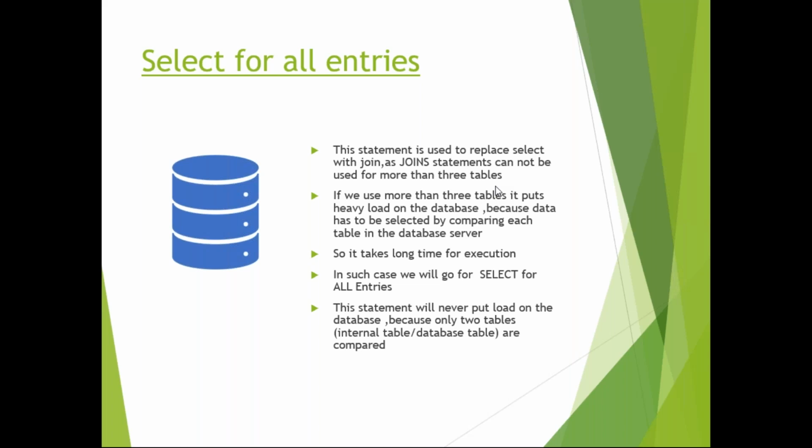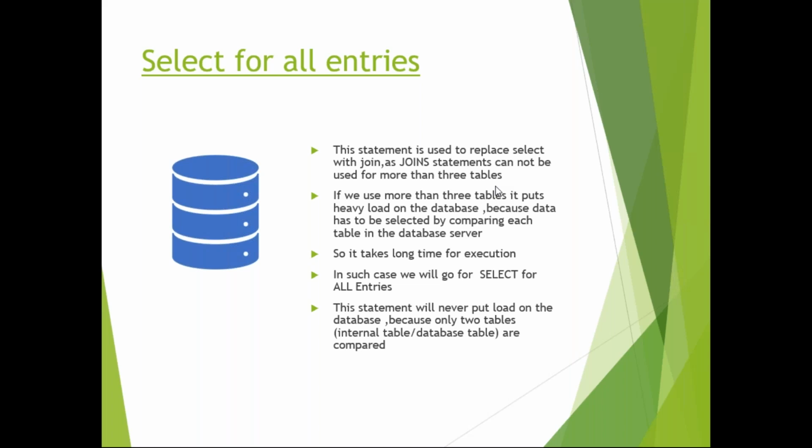But in for all entries, first it will fetch one set of records, say you got the 10 records. So for all entries is basically a step-by-step process of selecting data from the database. It is segregating the task. First, I have to fetch VBAK and VBAP. What is the common field? VBELN, the sales order. Let's first fetch the VBAK table.